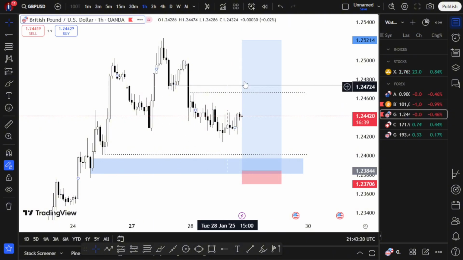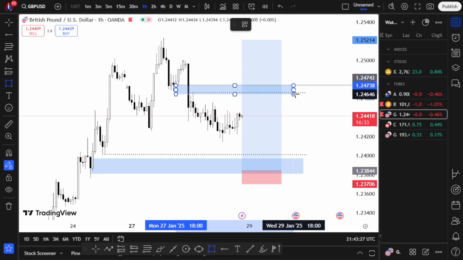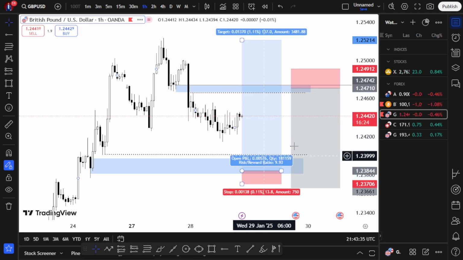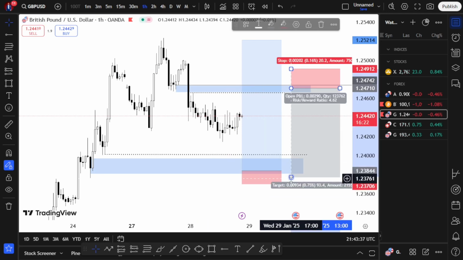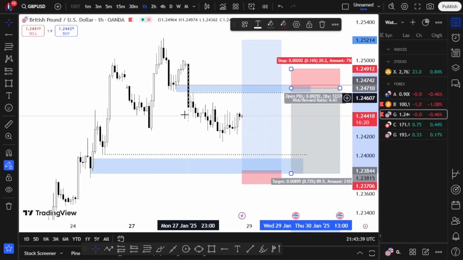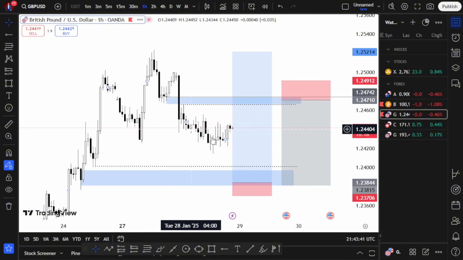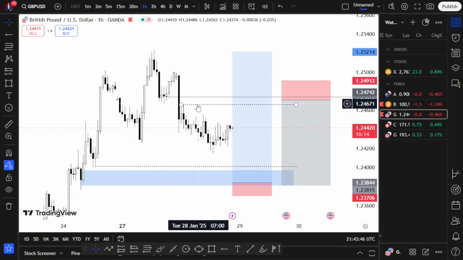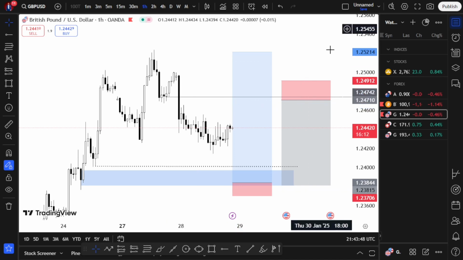It might trade into this area and then drop to the downside, grab the liquidity resting there and then trade to here before actually buying. But I'm not looking to take the sells. Even if it happens, my mind is not there, so I won't take that. I'm expecting either of these scenarios to happen on GU. But anyway, let's just see how it goes. We're not in a hurry.